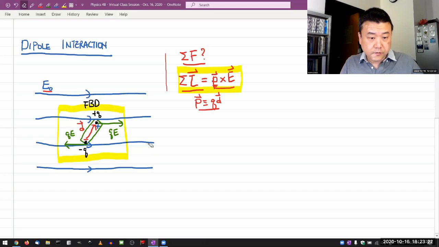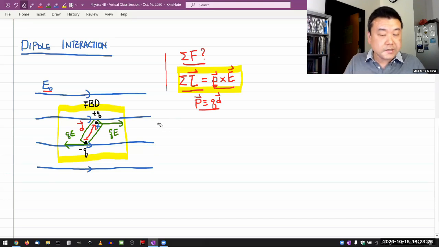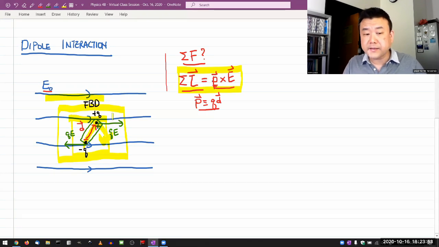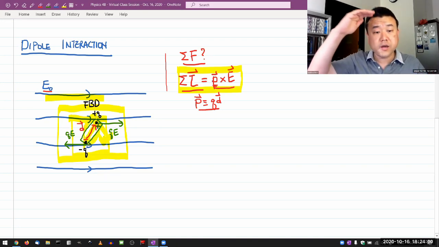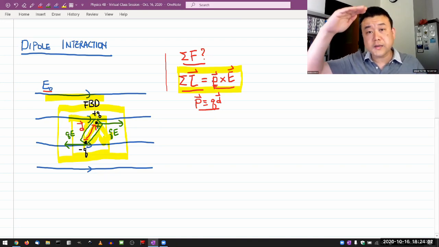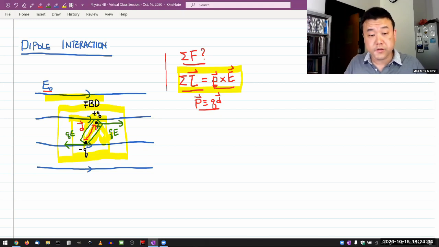So you can kind of see it here. When I stare at this setup, I can visualize that if something was holding this dipole, and you suddenly let go, it's just going to start rotating on its own because of the electric field. What that indicates to me is that this dipole was in some setup at a higher potential energy, and it's rotating into a position of lower potential energy.